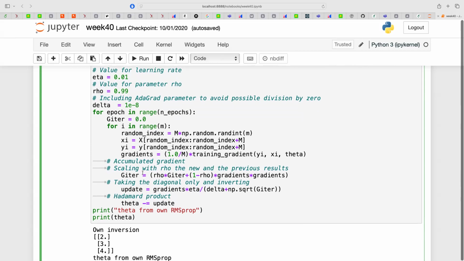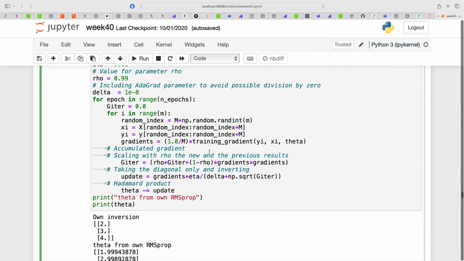And then I implement the root mean square propagation, where I have my accumulated gradient, which is given by this parameter rho times the previous value, plus 1 minus rho multiplied with the new gradients squared. And then my update is simply given by the gradients times the original value divided by this expression.